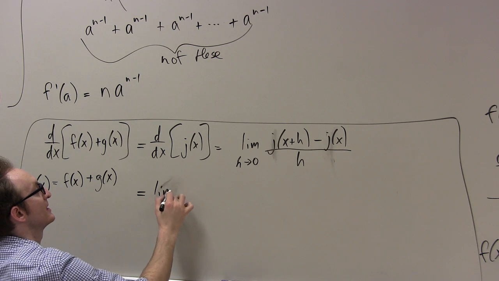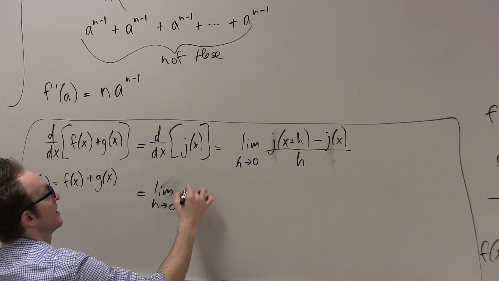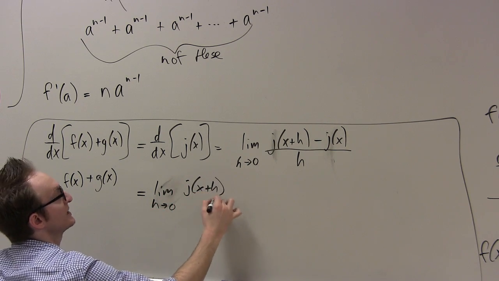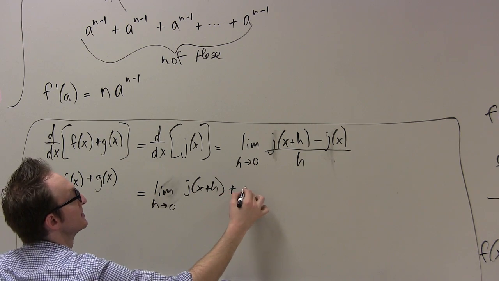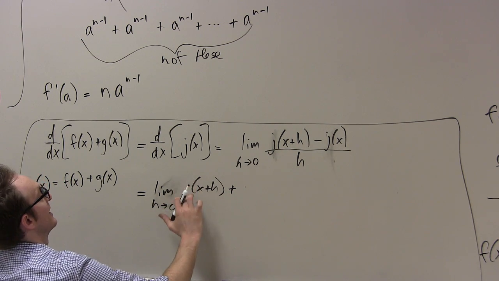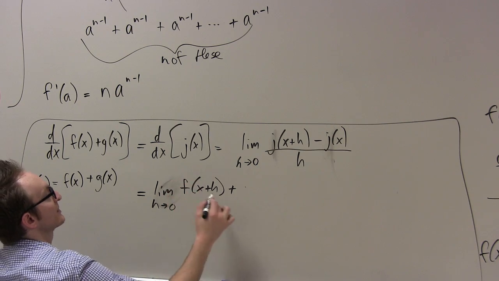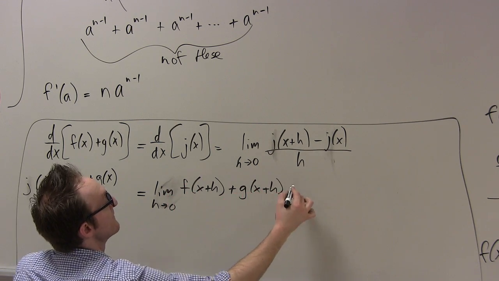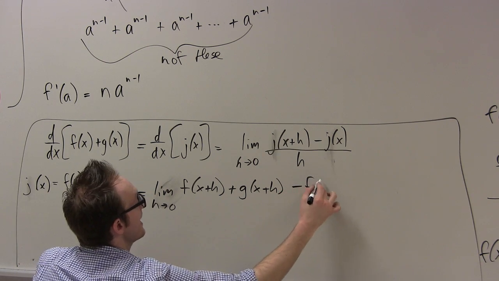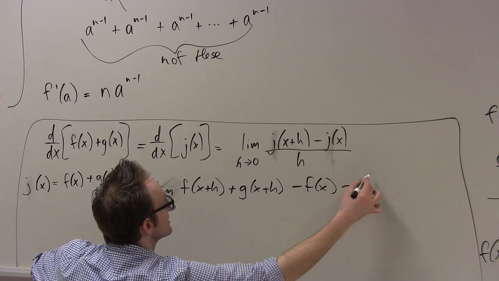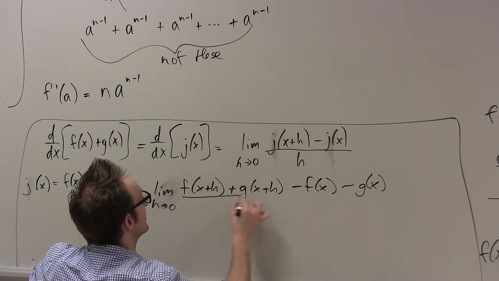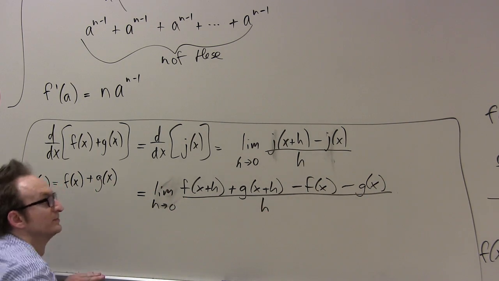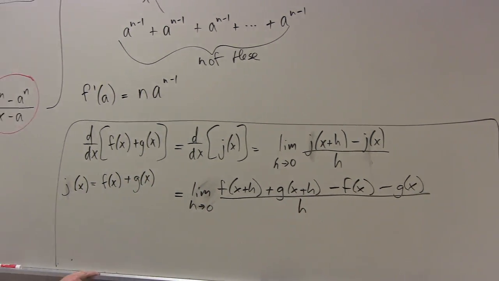So it's the limit as h goes to 0 of f of x plus h plus g of x plus h minus f of x minus g of x all over h. Right? This is kind of boring.